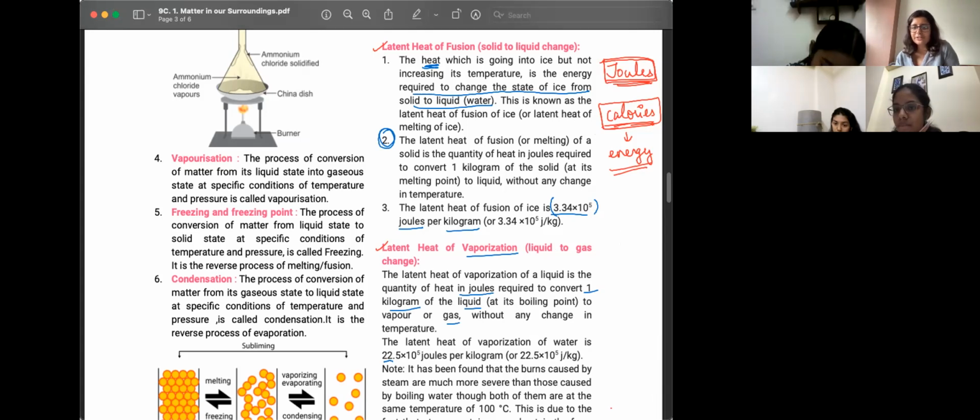The definitions you need to know because questions will be asked: define latent heat of vaporization, define latent heat of fusion. But will that 3.34 into 10 raised to 5 be given? Yeah. If you get any numerical related to this concept, you'll be given that.